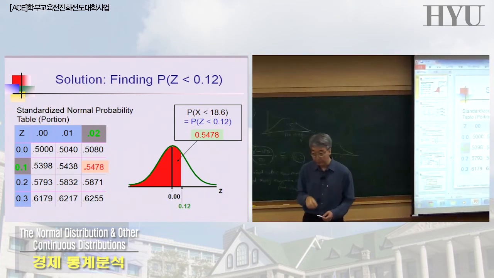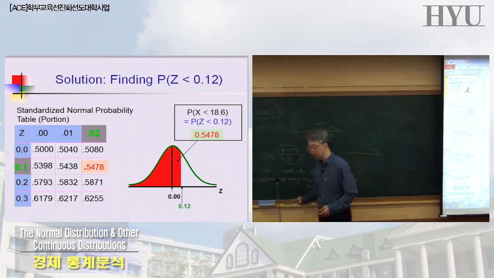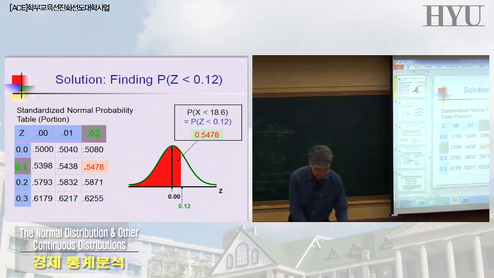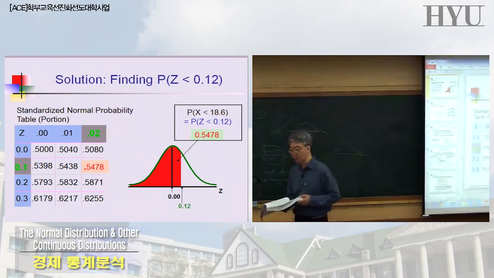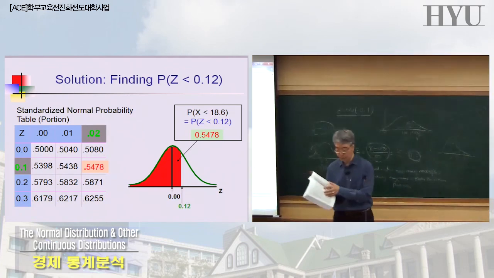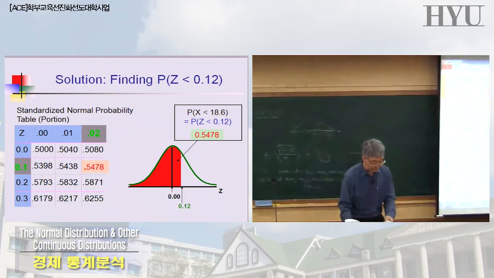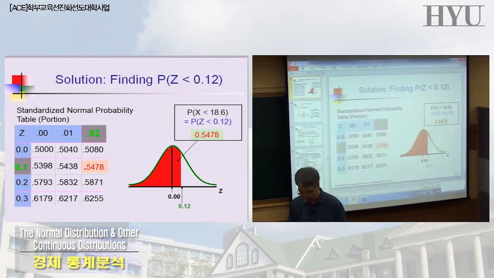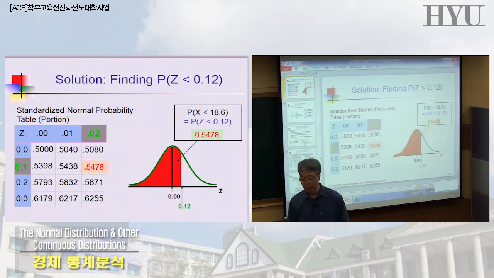We're going to have some exercise on this next class, but the point is the statisticians found all the necessary numbers, all the possible z values, and calculated the area. You know how to calculate the area using the probability density function with integral calculus.